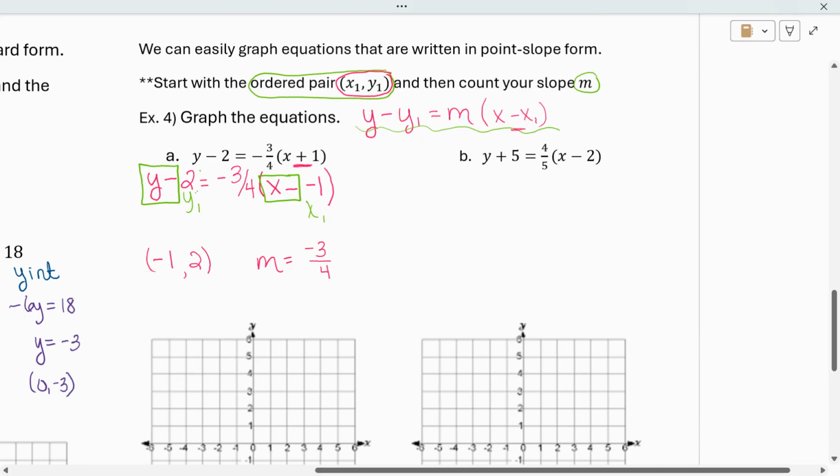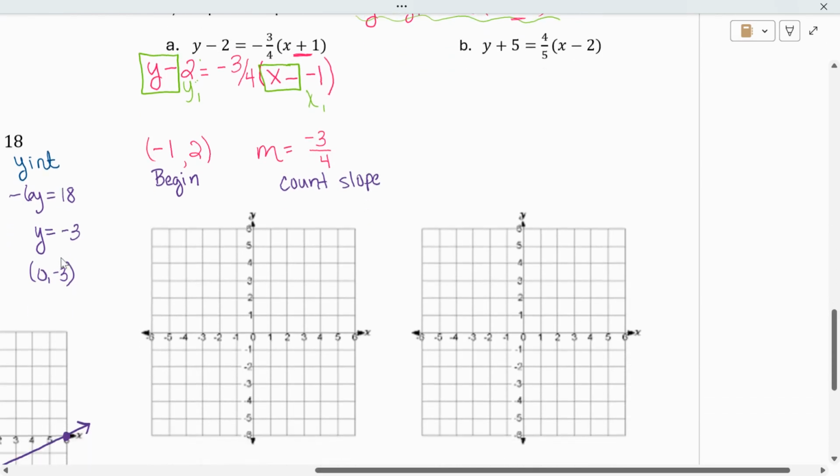My slope is -3/4. So when we want to graph this, we actually begin with the ordered pair. And then you count your slope. So we're going to start at the point -1, +2.